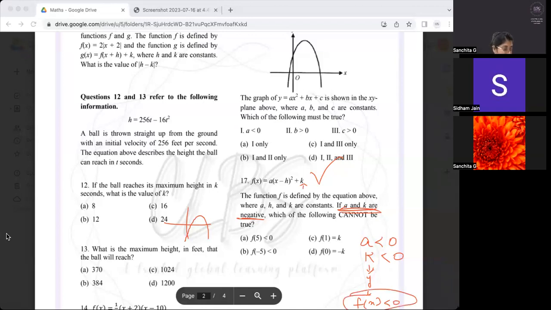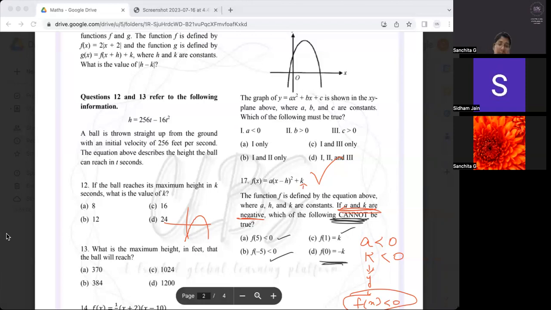My question is which cannot be. That means 3 can and 1 cannot. Here my f(x) is negative. If I see C, f of 1 is K. If I plug in 1, I'll get a negative answer, right?